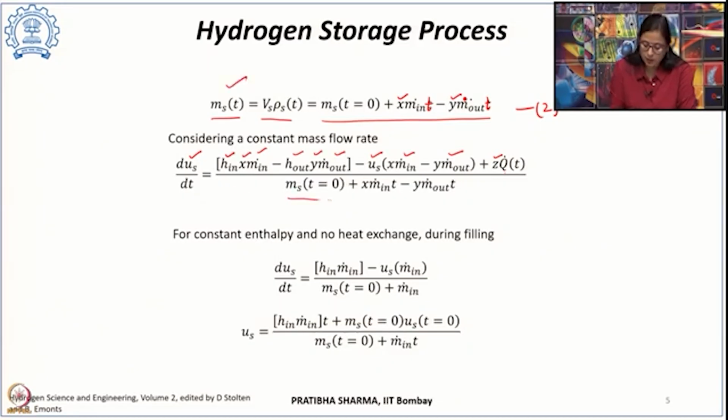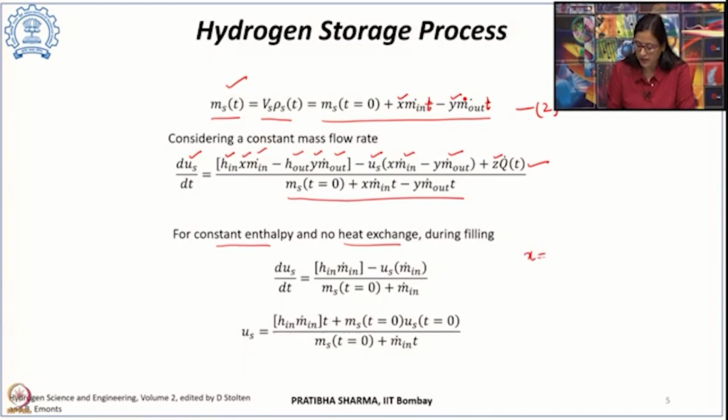So ms at t equal to 0 plus x m dot in t minus y m dot out t. Now this z quantity for isothermal can be 1, for adiabatic this can be 0. Now if we consider the enthalpy to be constant and there is no heat exchange, then this term will also be 0, and in that case, considering filling.